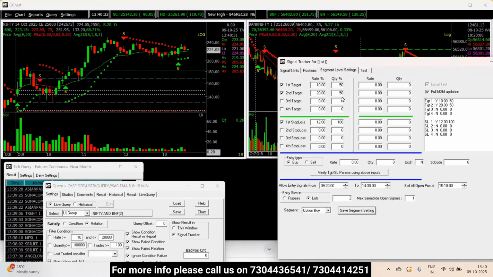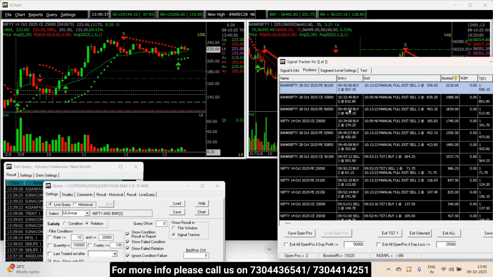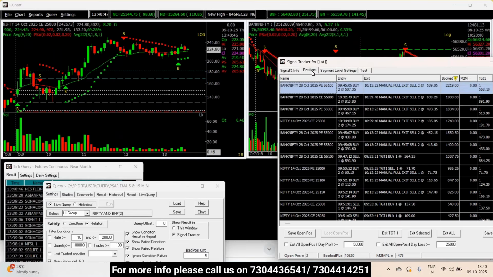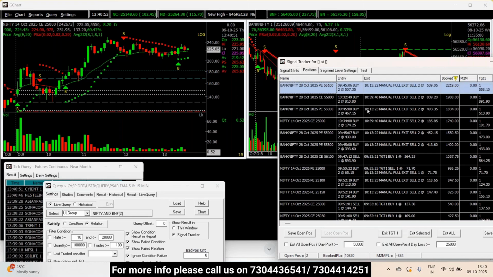Based on these risk management settings, the positions are taken. It's going to take entries and exits based on this RML. Now coming to the signals and info, based on the signals it took the positions here.